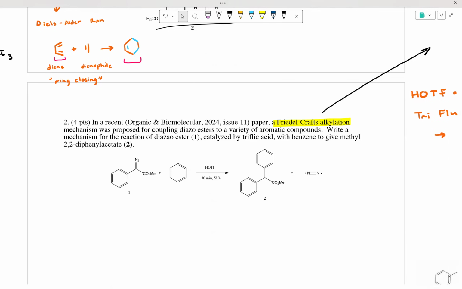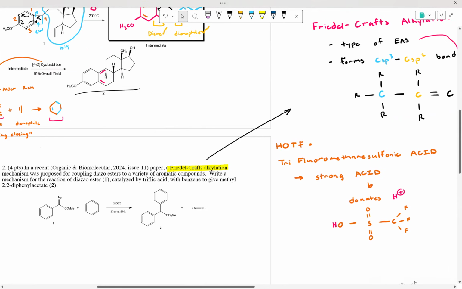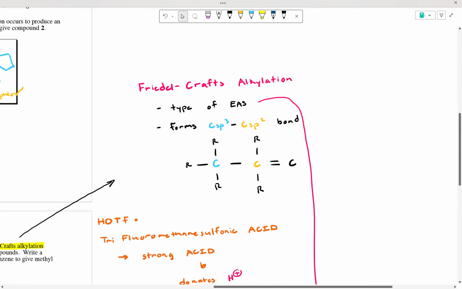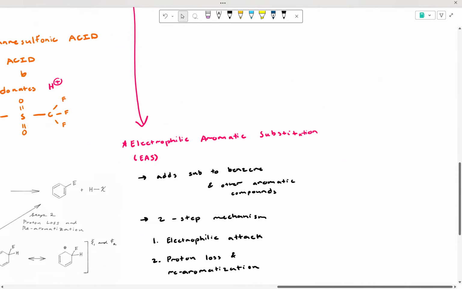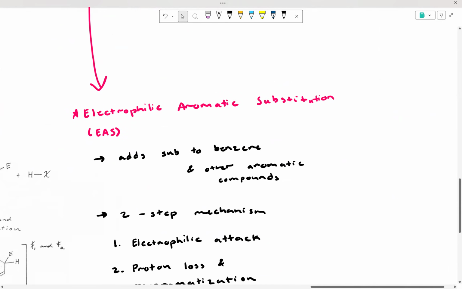Okay, the first thing is, what is a Friedel-Crafts alkylation? A Friedel-Crafts alkylation is a type of electrophilic aromatic substitution. What is an electrophilic aromatic substitution? EAS.